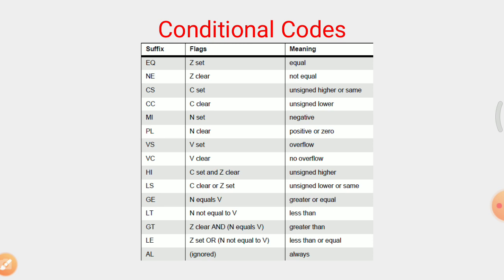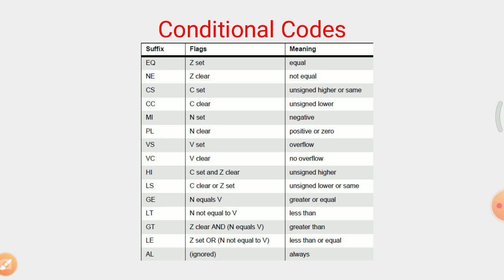Likewise, the second one is NE, which means not equal. This is also a suffix which can be added to any instruction. Here the instruction is going to be executed only when the zero flag Z is equal to 0.